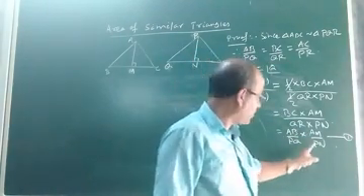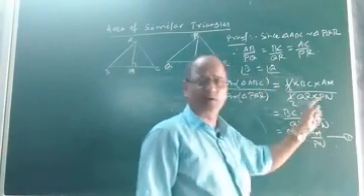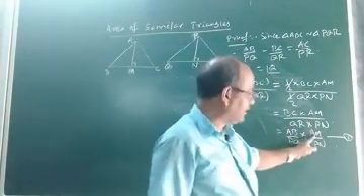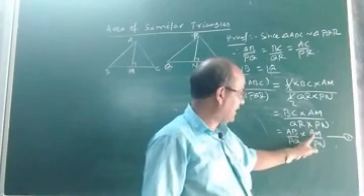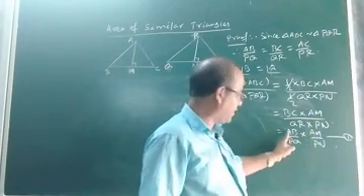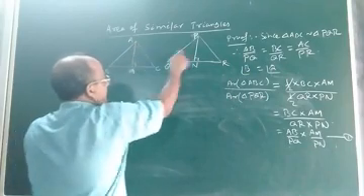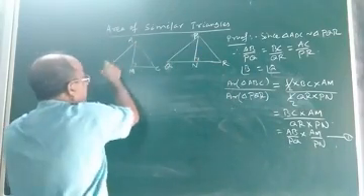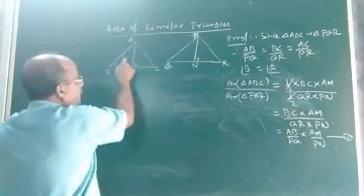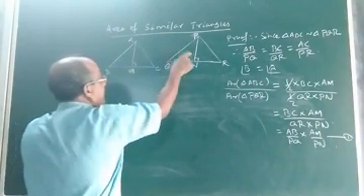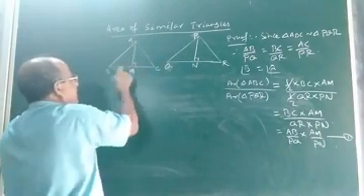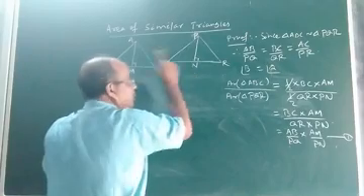Now the point is, how can we show AM by PN equal to AB by PQ? To show that, we have to take the similarity of these two triangles, that is triangle ABM and triangle PQN.